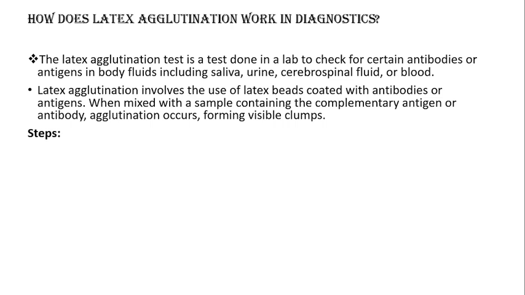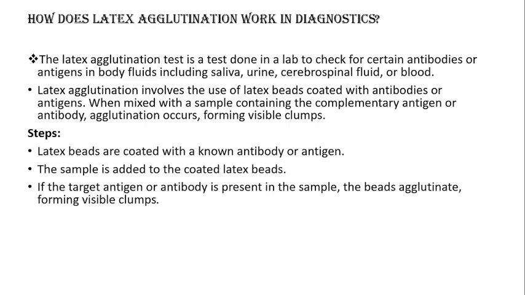Here we have the steps of how this test is performed in the lab. The first step is that latex beads are coated with known antibodies or antigens. That means you have the latex beads, coated with either antibody or antigen depending on what you are looking for.